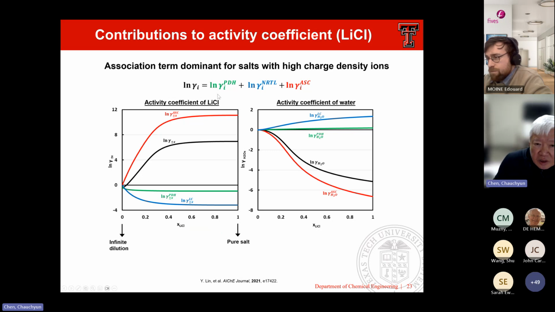Among the three contributions, clearly the association term represents the highest contribution. It's true not only for the activity coefficient of lithium chloride, but also for the activity coefficient of water. The water activity coefficient is actually very close to the water activity coefficient as calculated from the association term alone.